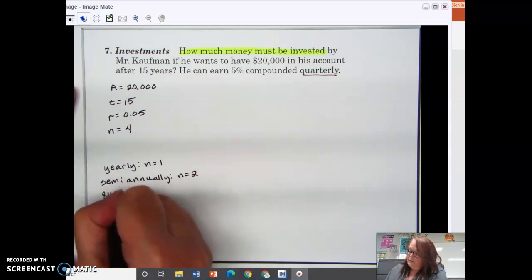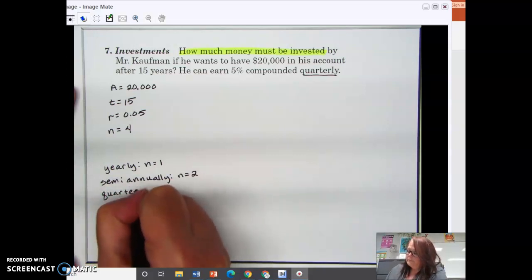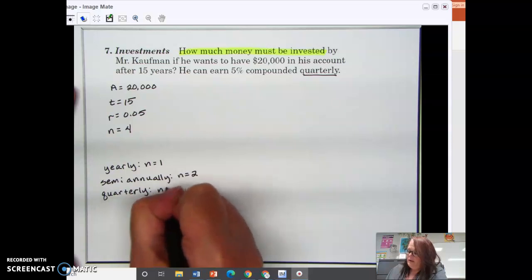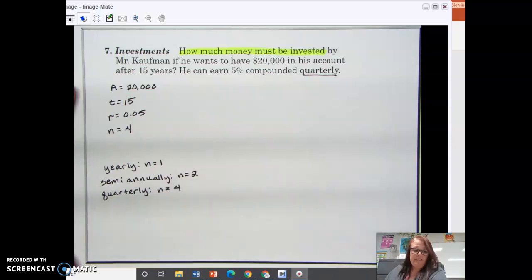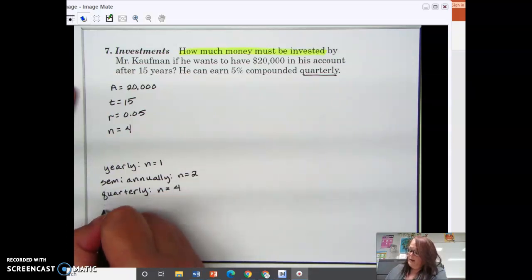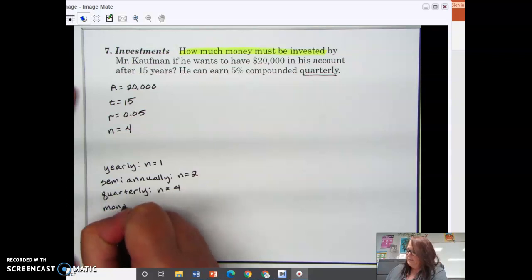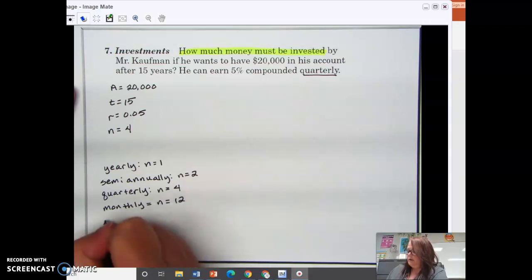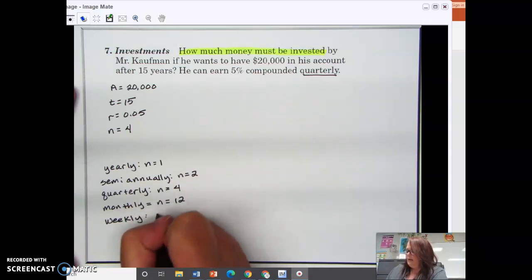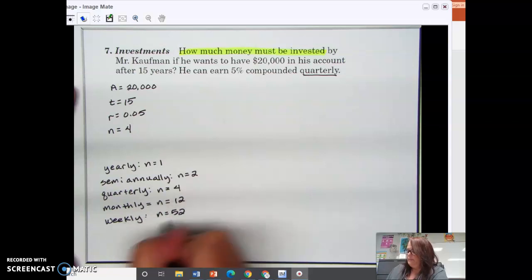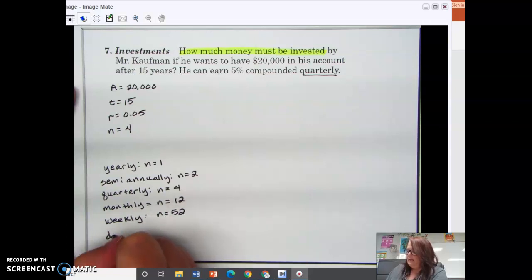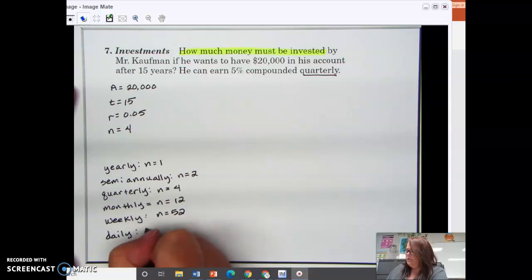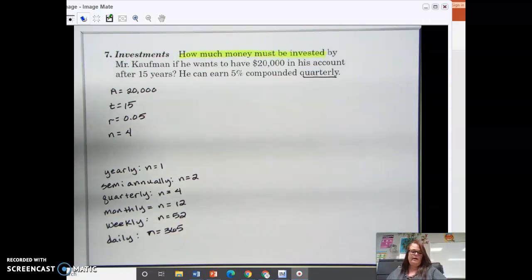If we have quarterly, then my N value is 4, so it's 4 times a year. If we have monthly, then my N value is 12. If we have weekly, then my N value is 52. And if we have daily, we're going to assume that my N value is equal to 365. We're not going to worry about leap years.